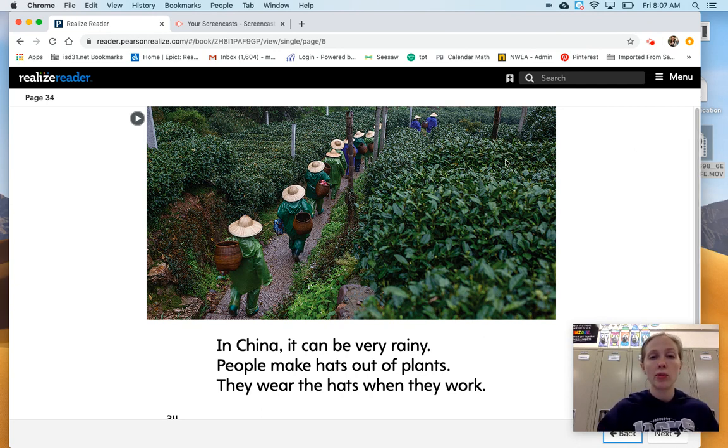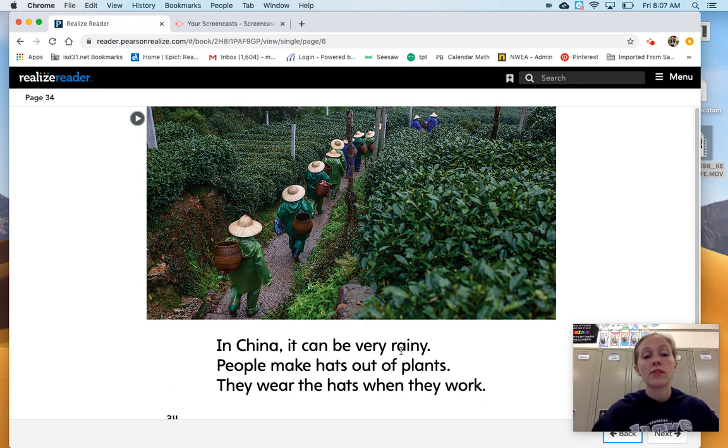So I'm looking at the picture. Looks like the people are wearing jackets and pants that are really wet and slippery. And it looks like they're walking outside. Now I'm going to read the words. In China, it can be very rainy.